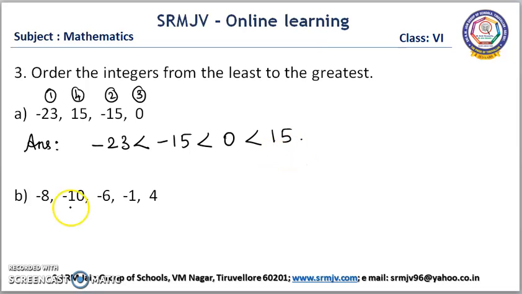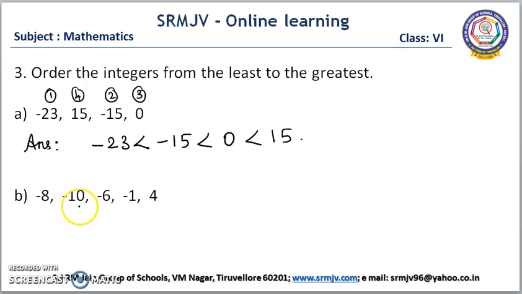Okay. The next one, minus 8, minus 10, minus 6, minus 1, 4. So, negative integers are smaller than the positive integer. From these four negative integers, we have to identify the least one.